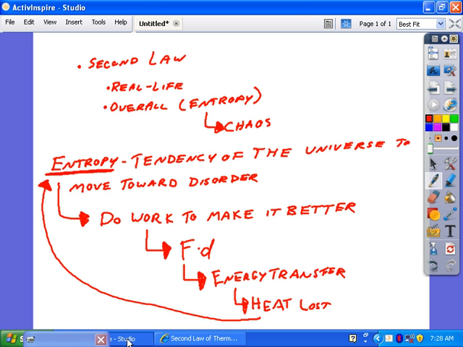Okay? In real life, we have the 2 situations here. We've got number 1 with heat engines. And with heat engines, there were 2 things. 100% efficient is not possible. And secondly, Carnot is the best possible.